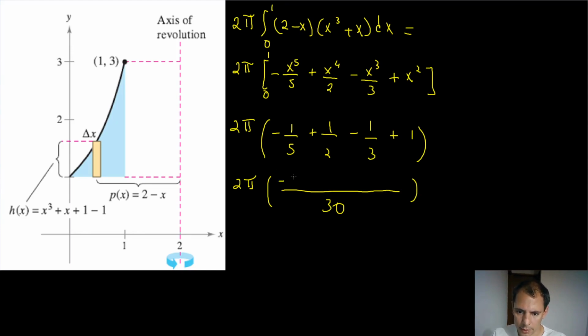So minus 6 plus 15 minus 10 plus 30. So there's going to be 20 plus 15, 35 minus 6, 29. So it's going to be 29 pi divided by 15. I'm simplifying this with this one. Okay.